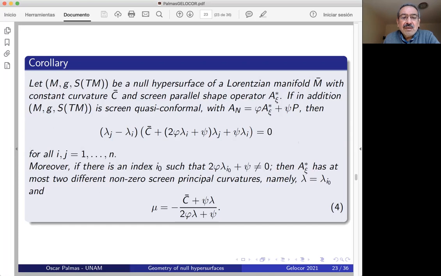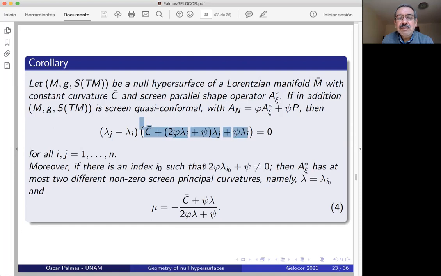If there is an index such that this expression is different from 0, then our shape operator has at most two different non-zero screen principal curvatures, because this expression is 0 when this is 0, or this one is 0.